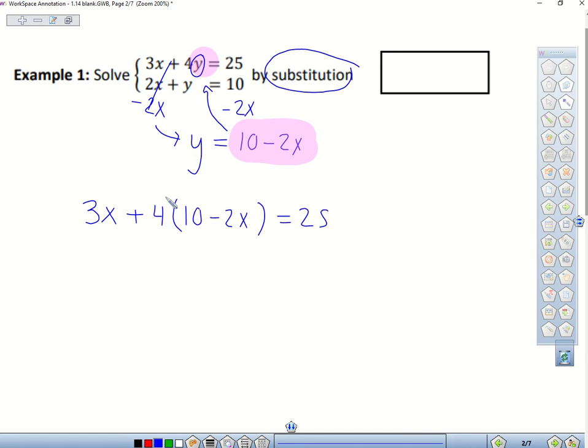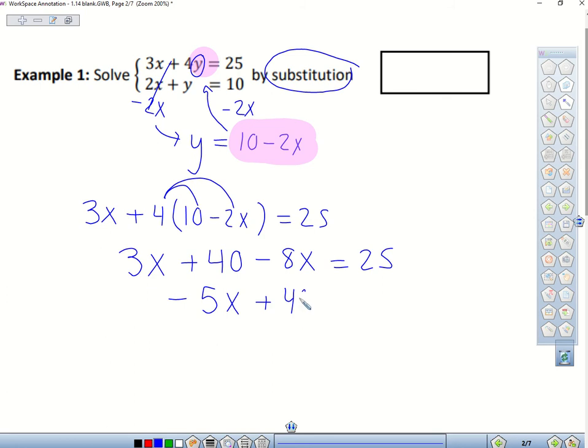Once you do this step, you can then just use simplifying and the distributive property. That's going to give me 3x plus 40, not 40y, minus 8x is equal to 25. And then you're going to combine like terms. So 3x minus 8x is negative 5x.